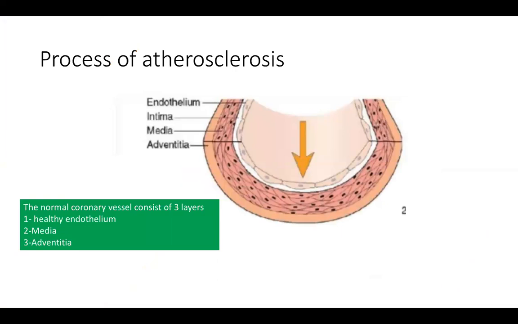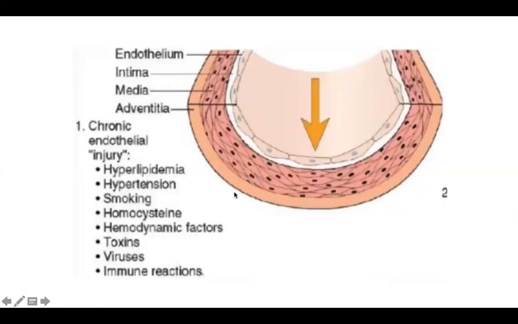So this is an image of the healthy blood vessel or healthy coronary wall. It consists of endothelium, which is the endothelial layer, and the muscle layer, the media, which responds to vasoconstriction and vasodilatation, and the outer layer, the adventitia.